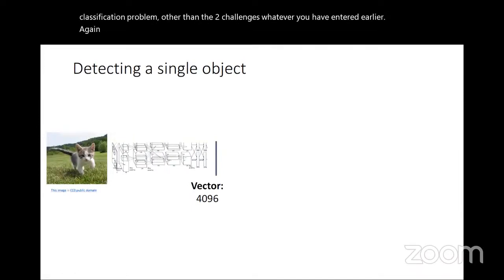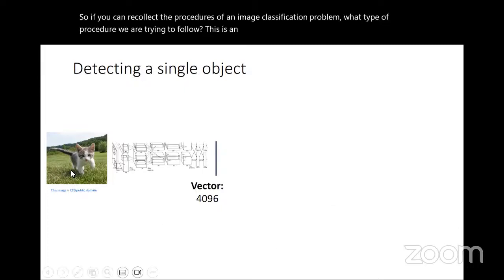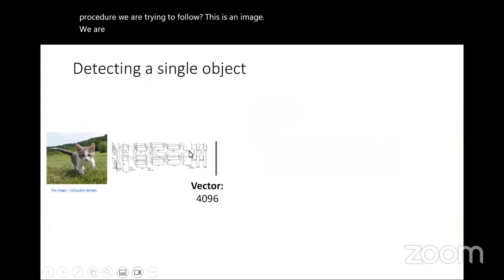Again, let's try to correlate and simplify the problem so that we can get some confidence in object detection concepts. If you recollect the procedure of an image classification problem, we pass an image to some network.